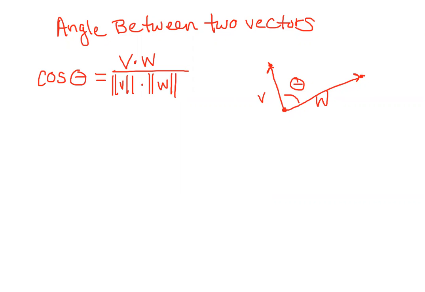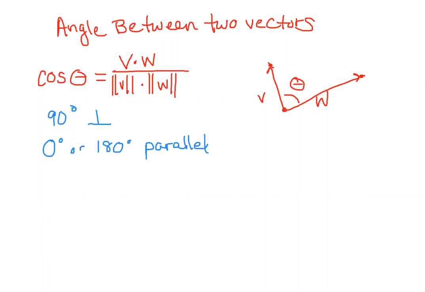That's what we're going to use to find this. If the angle between the vectors is 90 degrees, then the vectors are perpendicular, obviously. If the angle between the vectors is 0 degrees or 180 degrees, then the vectors are parallel.